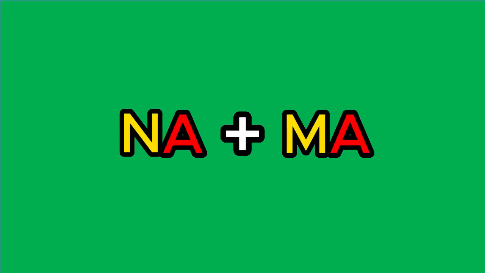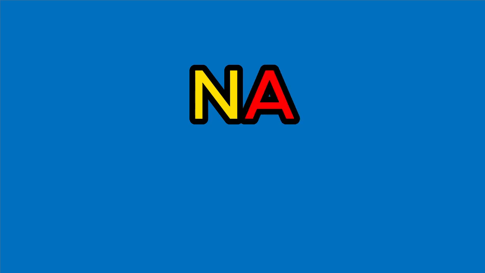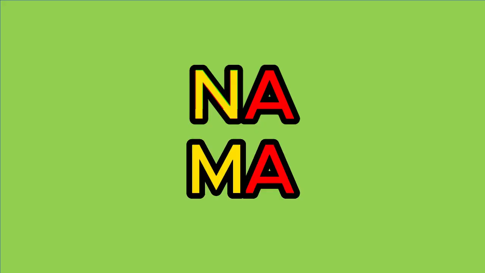Good. Let's play around with these two, N A and M A. Na, ma. Now we combine this, na ma, which is nama if we pronounce it in one word.